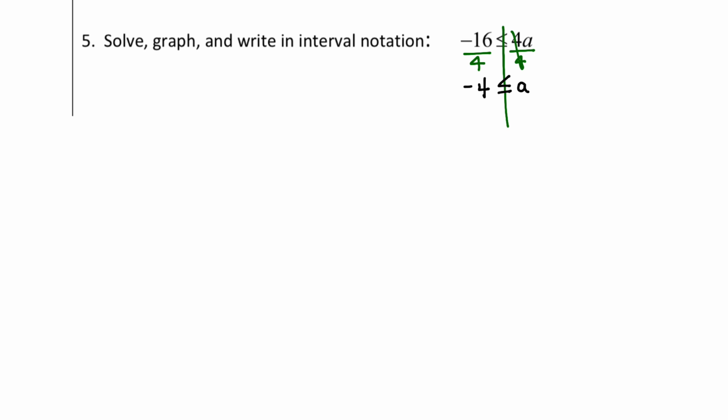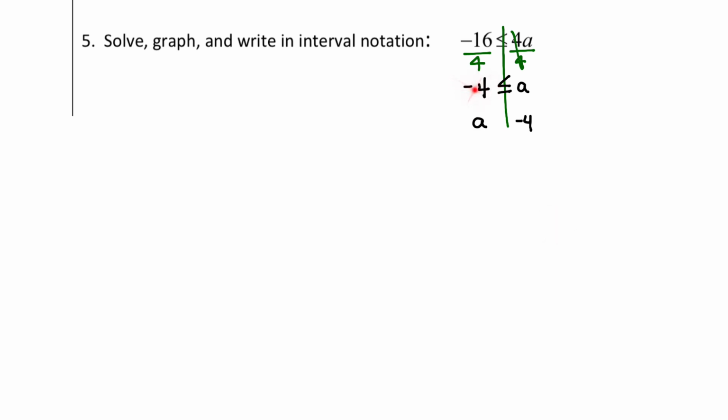I told you earlier that you should always have your variable on the left so that you can use the tricks I taught you, they're not shortcuts. So what I'm going to do is switch the sides. If I switch the sides, you get the variable first.